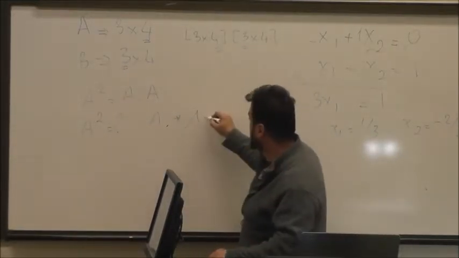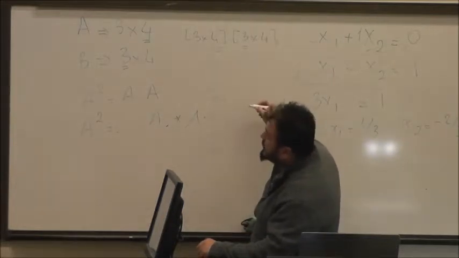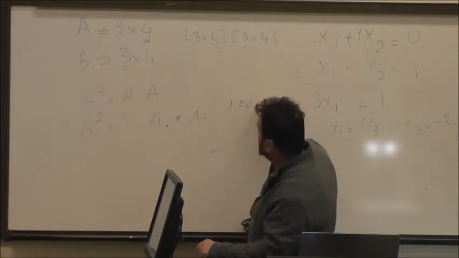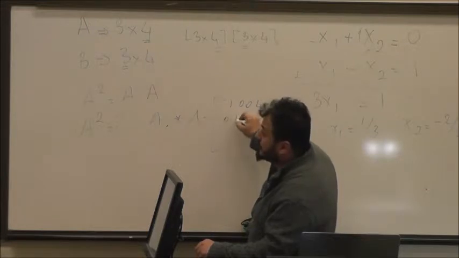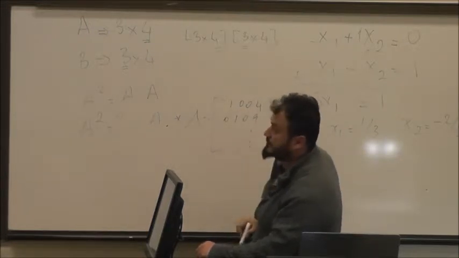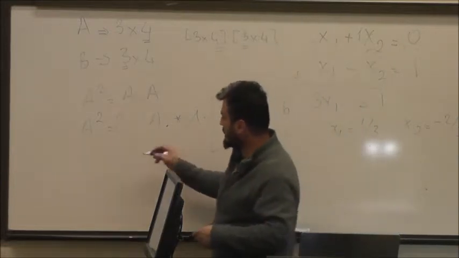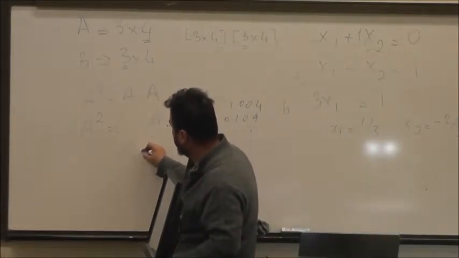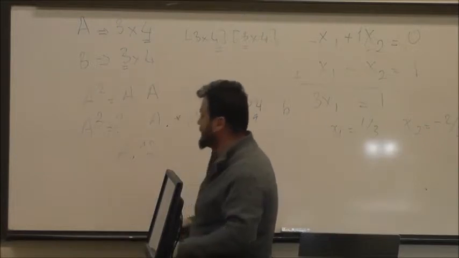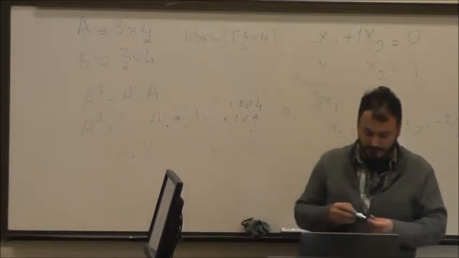Each element which is here should be what? 1, 0, 0, 4, 1, 0, 1, 0, 9, and goes that way. And also in a MATLAB script, you can say A dot power 2. Right? Okay.